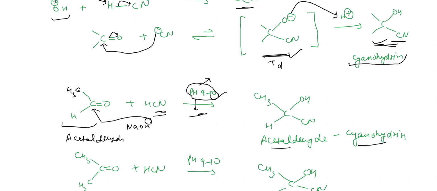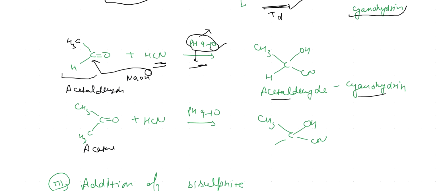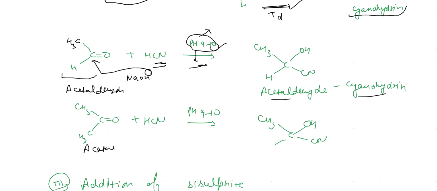When the reactant chosen is acetone, here two methyl groups are present, then the product we will get is acetone cyanohydrin.